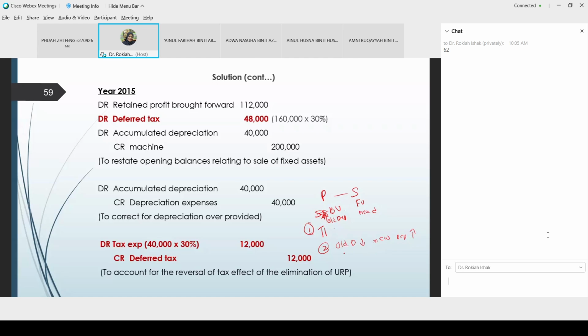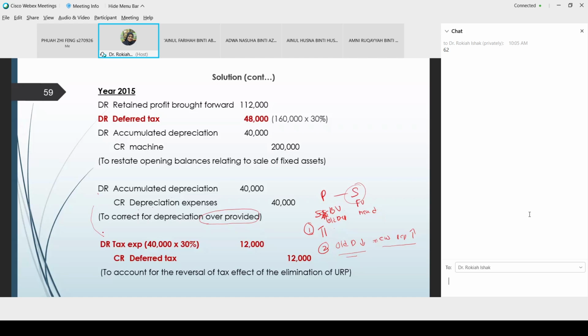Once there is a difference in depreciation, we need to account for it. Because the subsidiary bought the asset at the selling price, the new depreciation is higher than the old depreciation, so we need to correct the depreciation which is over provided. For depreciation over provided, we debit accumulated depreciation and credit depreciation expense to show that this amount of depreciation has been over provided.